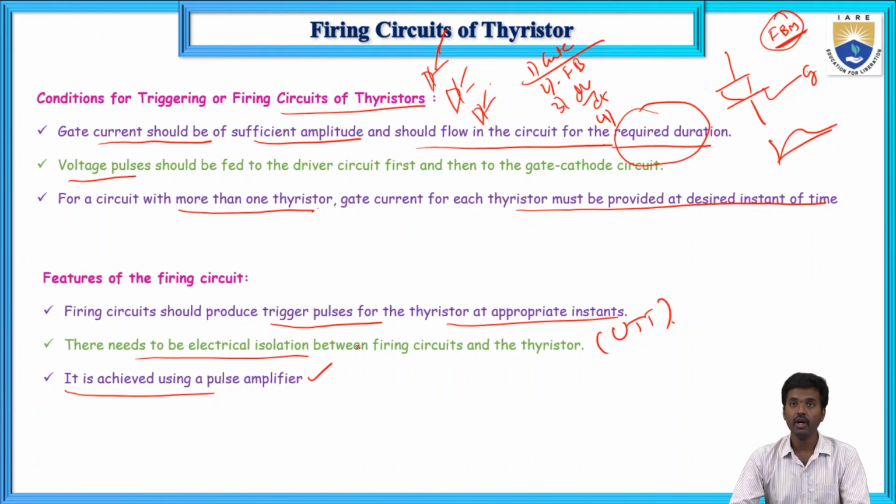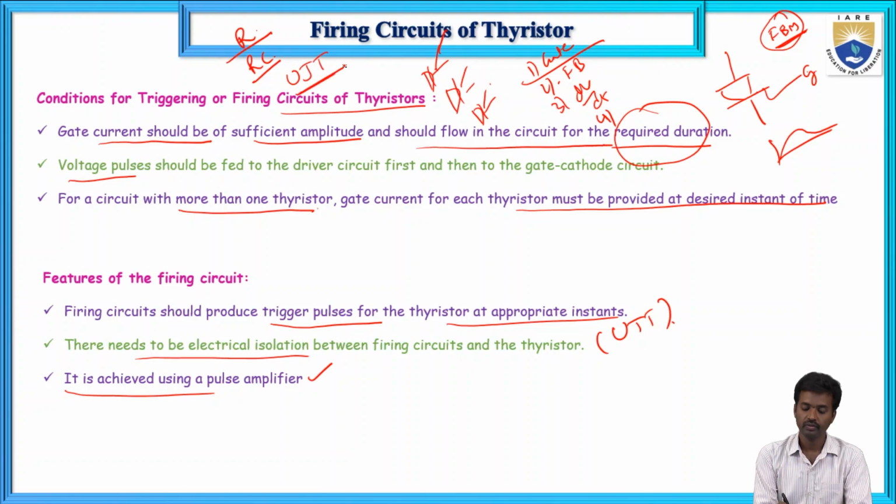We have three types of firing circuit: first, the R firing circuit, second, the RC (resistance capacitance) firing circuit, and third, the UJT, unijunction transistor.